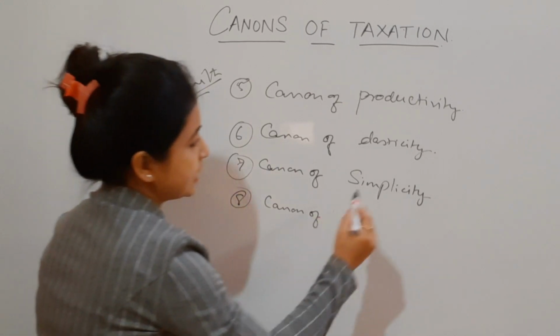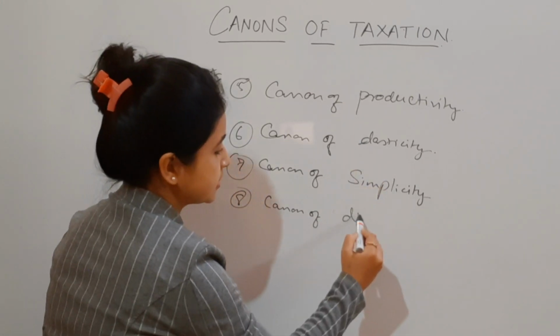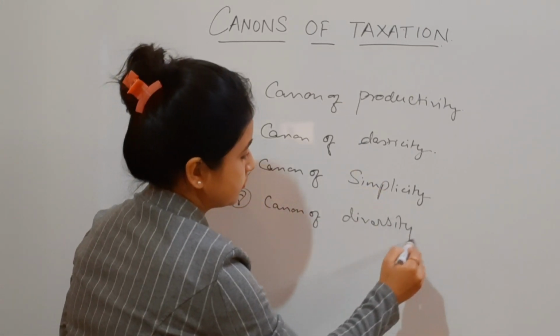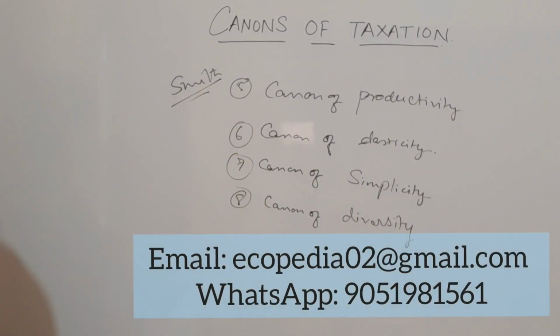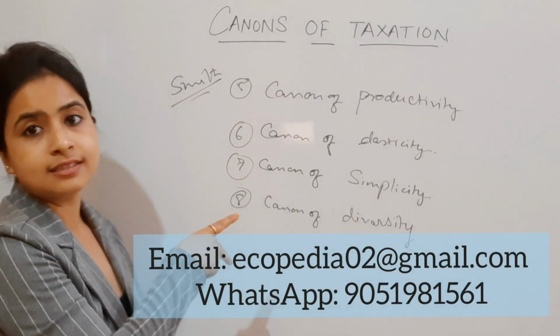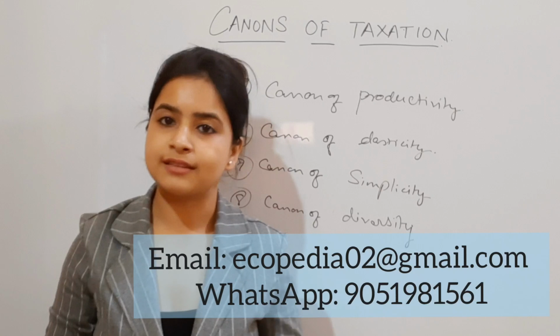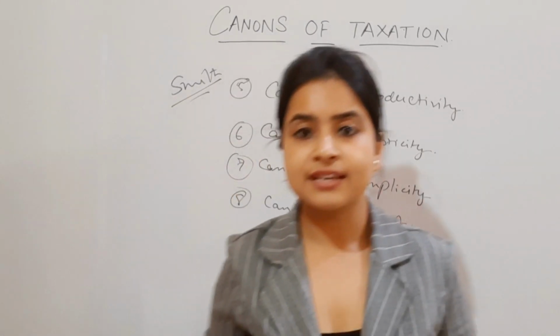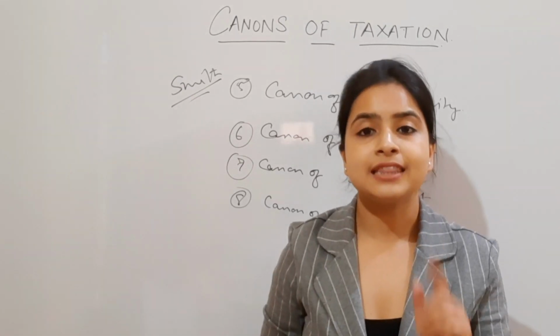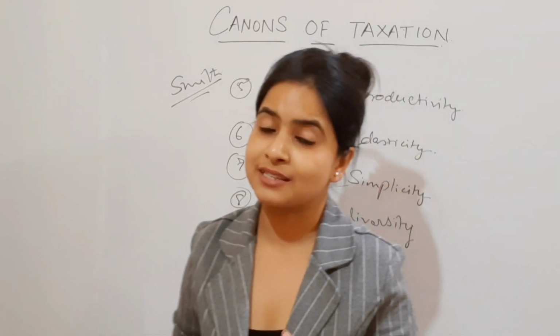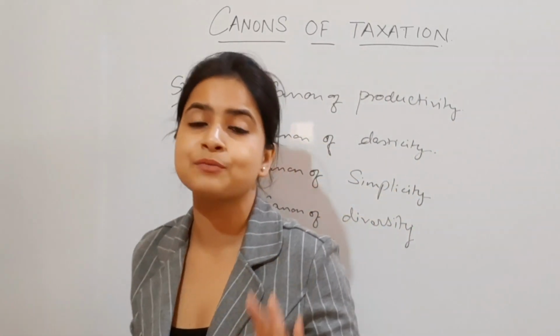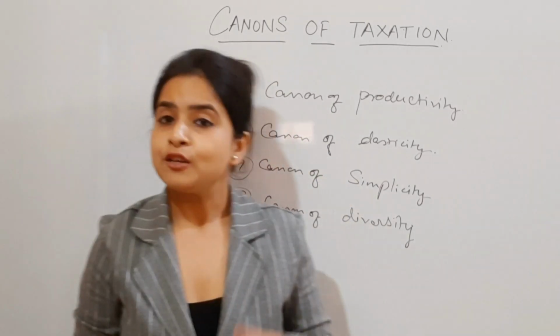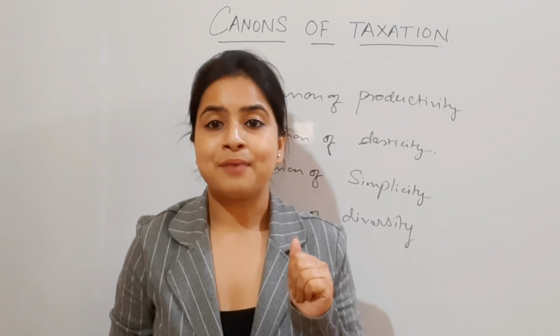And 8 is the canon of diversity. Alright, so these are the modern canons that have been mentioned by modern governments. In this session we will be discussing at a slow pace, and therefore today we will be discussing the first 4 canons that have been given out by Smith. So let's discuss the 4 canons given out by Smith.